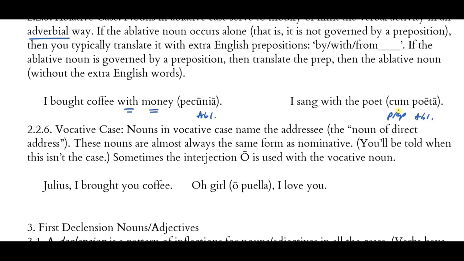And so I don't want to take the ablative noun and translate it as "with the poet," and then translate the preposition cum as "with," because then I'm going to get "I sang with with the poet," which is not what I'm trying to say, right? So remember, when I have a preposition, I translate the preposition, and then I just translate the bare meaning of the noun itself that's in the ablative case due to the preposition's requirements. I sang with the poet.